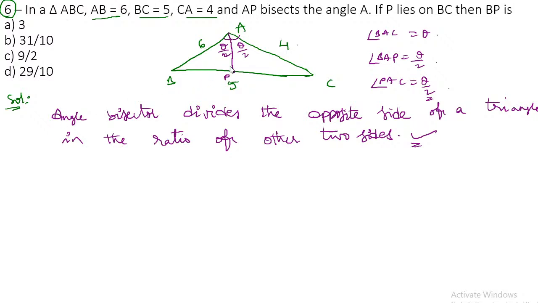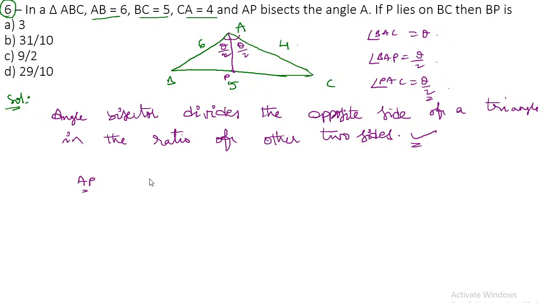So this line AP divides the opposite side of a triangle. The vertex is A, so the opposite side to this vertex is BC.